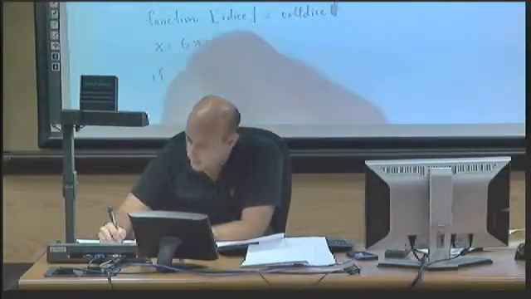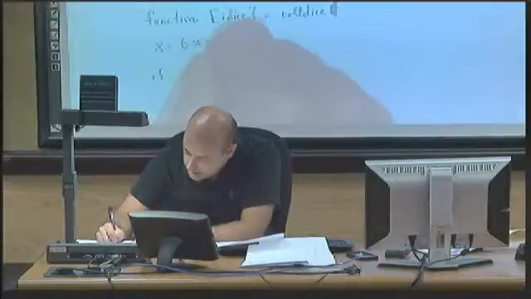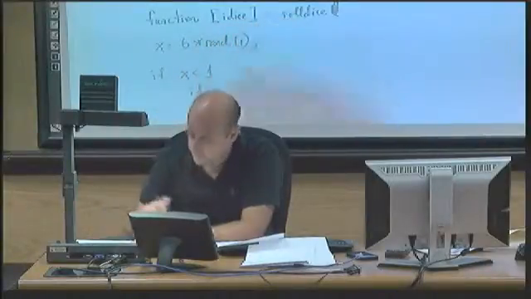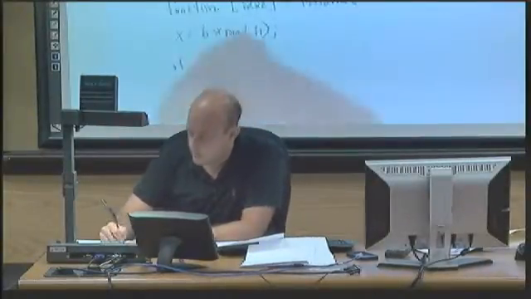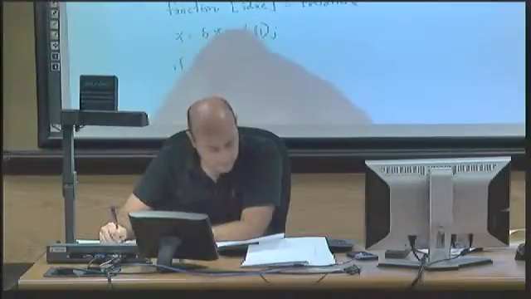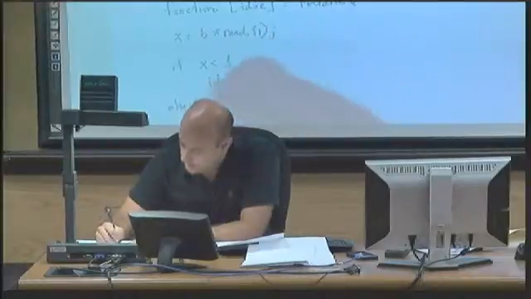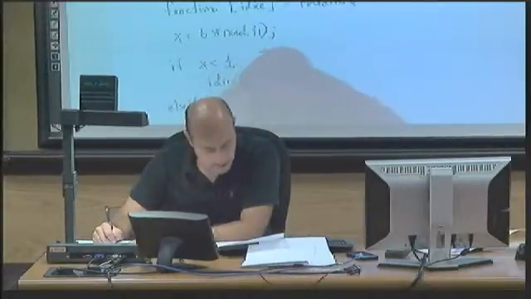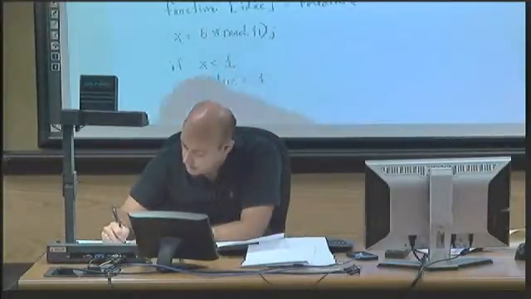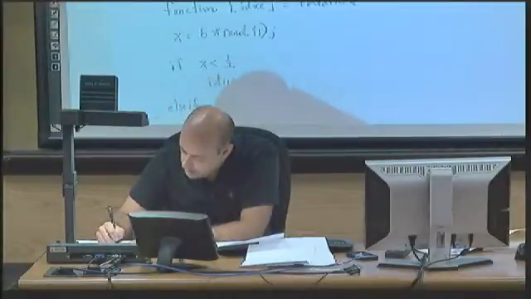What I'm going to do is say if X is less than 1, iDice is equal to 1, right? And then I'm going to say else if X is less than 2, iDice is equal to 2, else if X is less than 3, iDice is equal to 3, and I'll just show you what I have here.